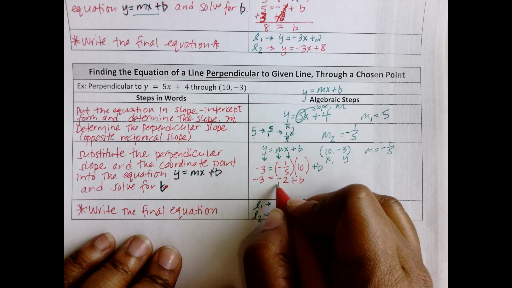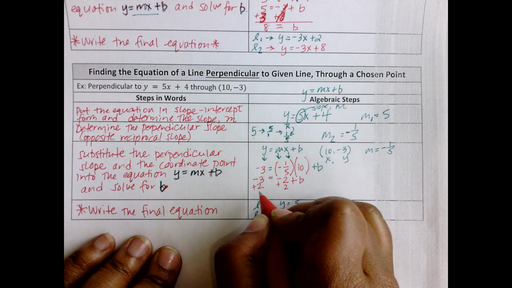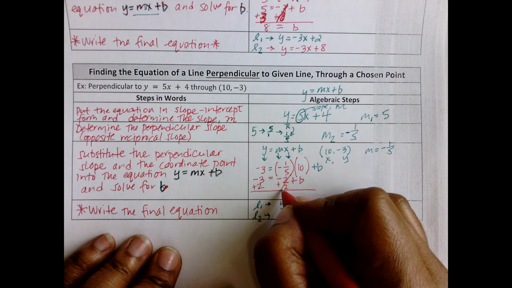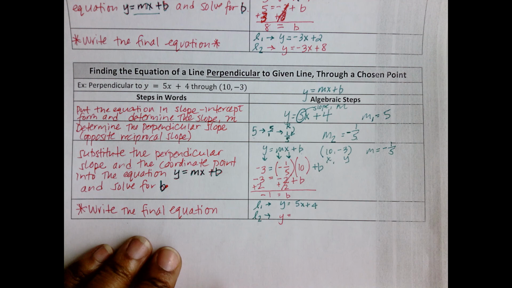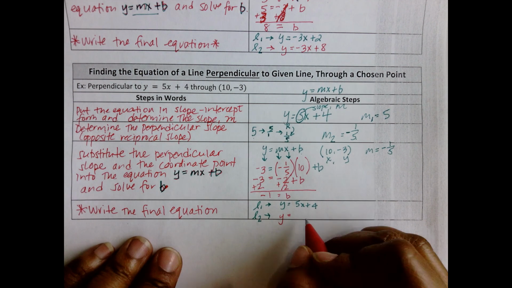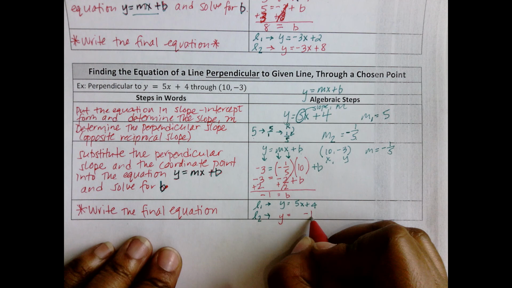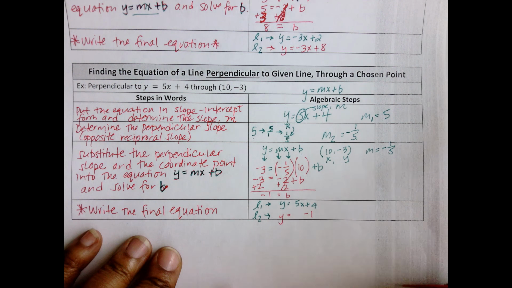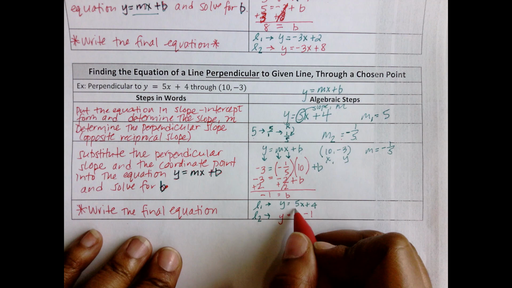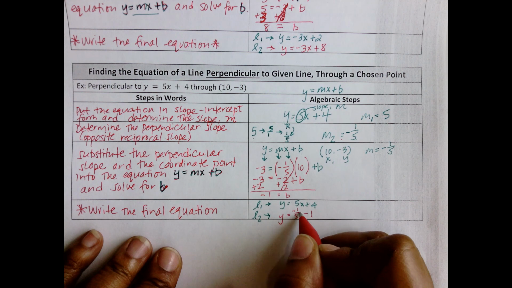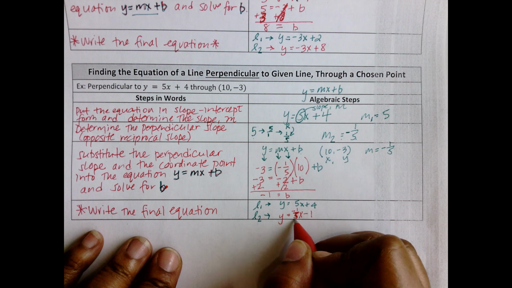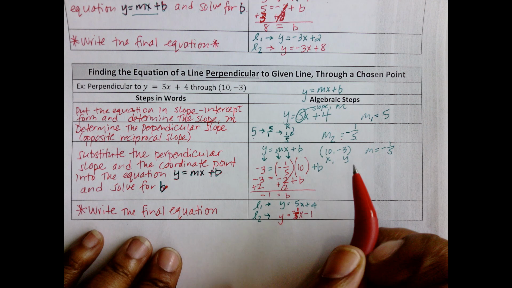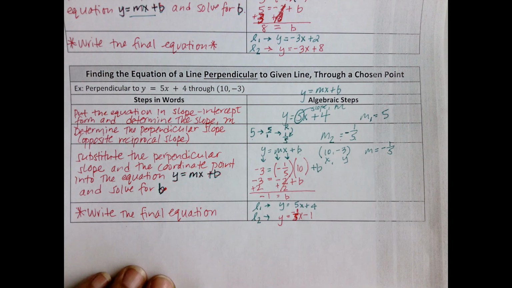So solve this as a simple equation by adding 2 to both sides, and I'm going to end up with b equal to negative 1. Now I have my y-intercept, and I also have my slope. So the equation of my line is going to be, oh, sorry, this is so sloppy, that's a 5. y equals negative 1 over 5 x minus 1.